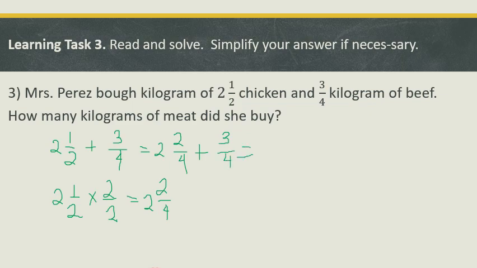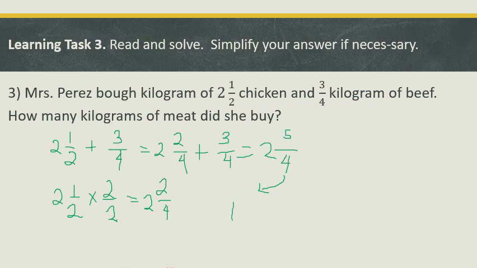So, ngayon pwede na tayo mag-add kasi siya ay similar na. So, copyhin ang denominator. Then, 2 plus 3 is 5. So, yung whole number, 2 plus 0 is 2. So, nakita nyo dito, yung 5/4 pa ay improper. So, yung 5/4 po ay gagawin nating mixed numbers.